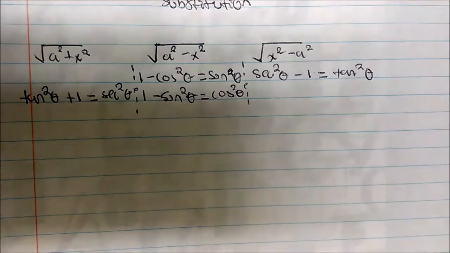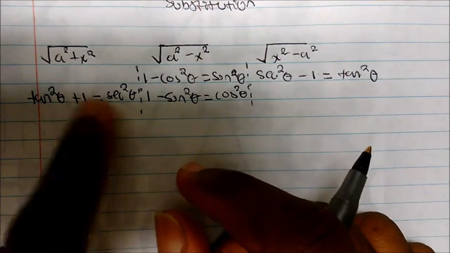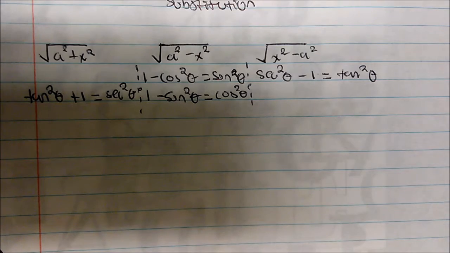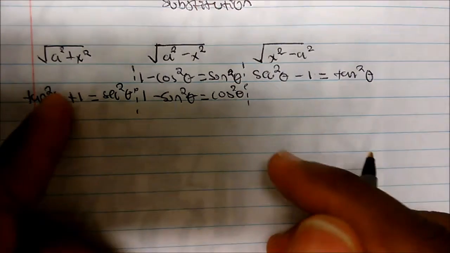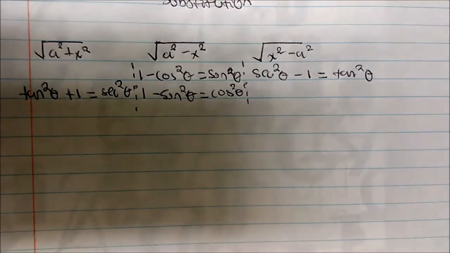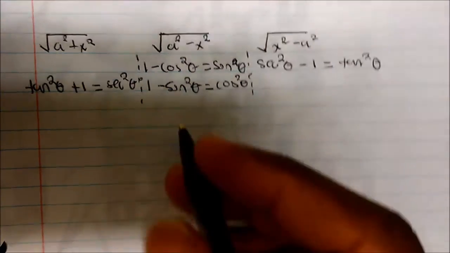Since it's addition, I could switch it either way. So I could say 1 plus tangent squared of theta is equal to secant squared of theta, okay? So these are the three identities that we need to know, and with that being said, let's look at some practice.